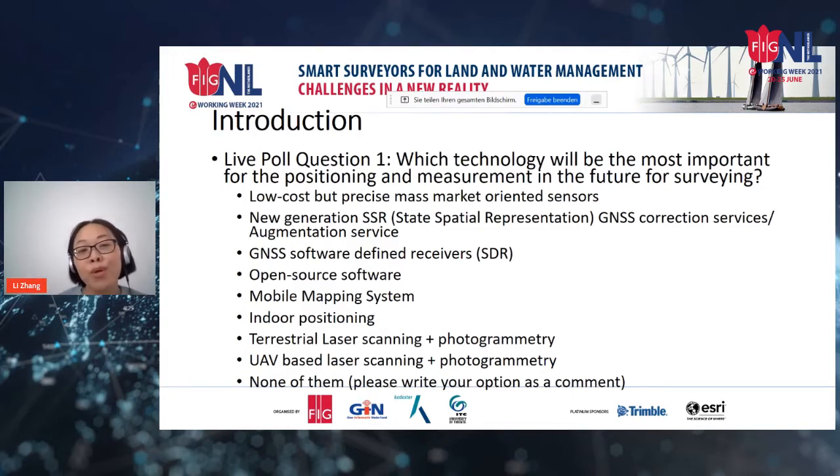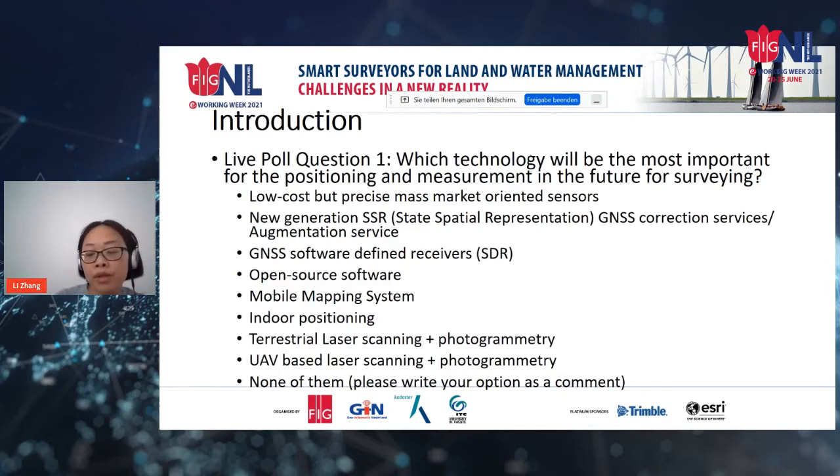For example, low-cost but high-performance mass-market-oriented sensors, or what we heard about yesterday, the augmentation services, GNSS services, or software solutions, so GNSS software-defined receivers, or generally open source software, or the mobile mapping system, or the indoor positioning technique, and the terrestrial or UAV-based laser scanning and photogrammetry, or none of them. You can write this in the comment.